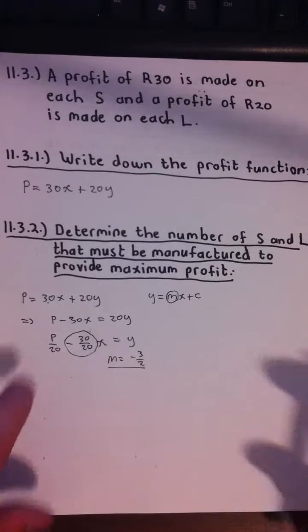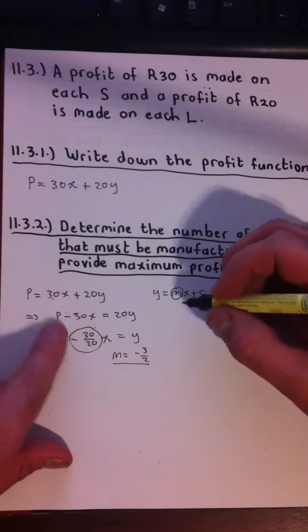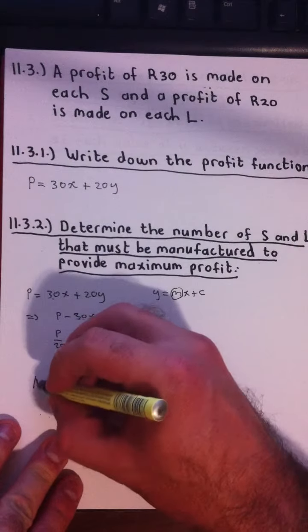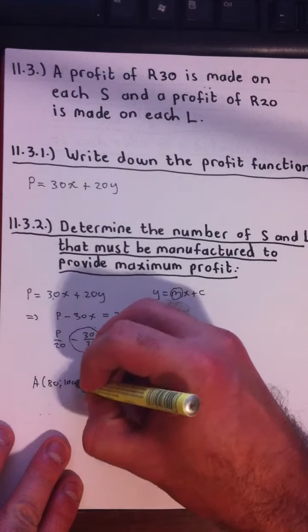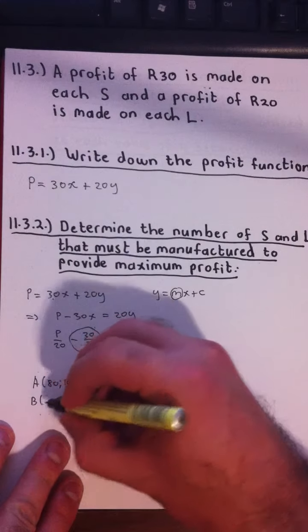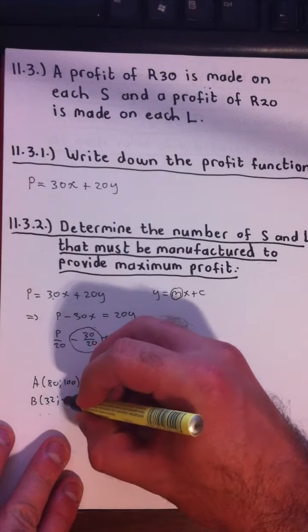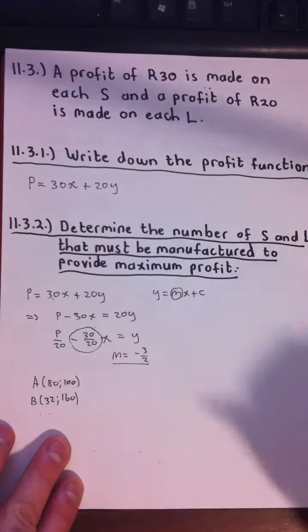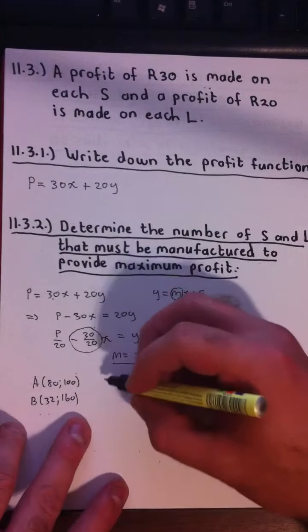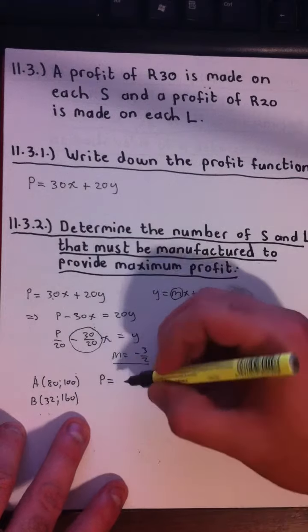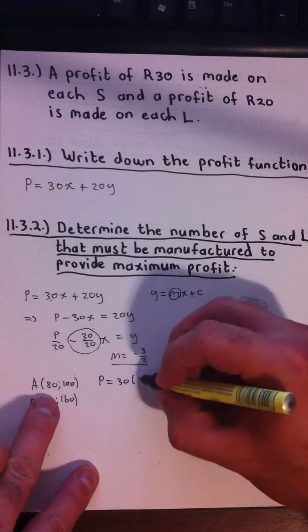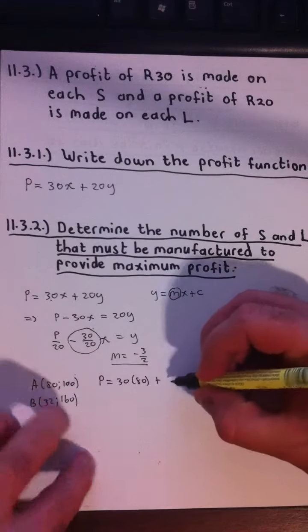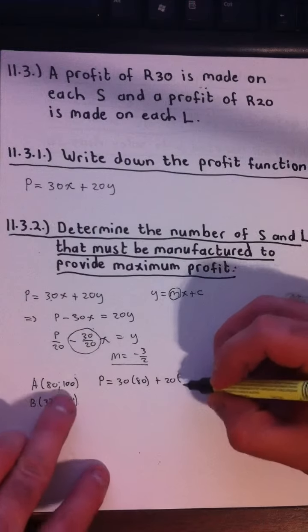So now our maximum profit function is this. Let's say we've got A, which we calculated to be 80 and 100, and B, which we calculated to be 32 and 160. Now let's see which one gives us maximum profit. So P equals 30 times X, where X was 80, plus 20 times Y, where Y was 100.